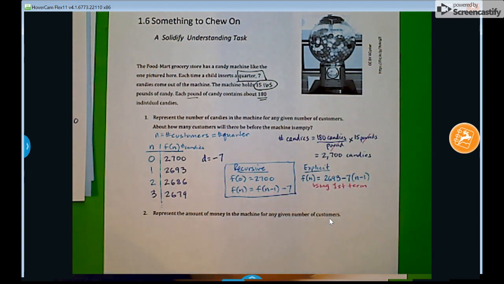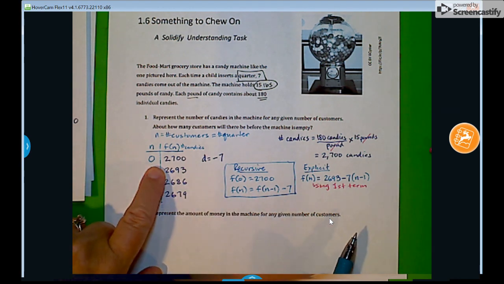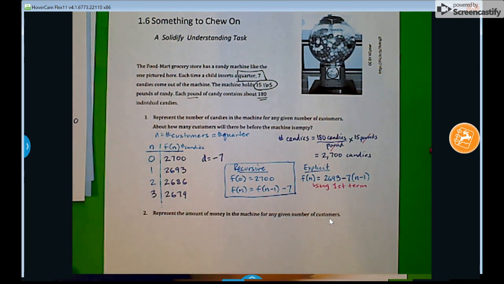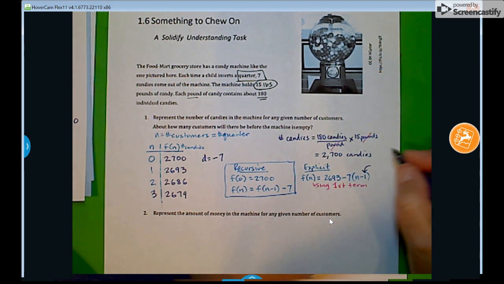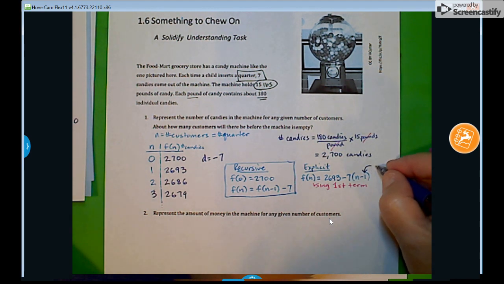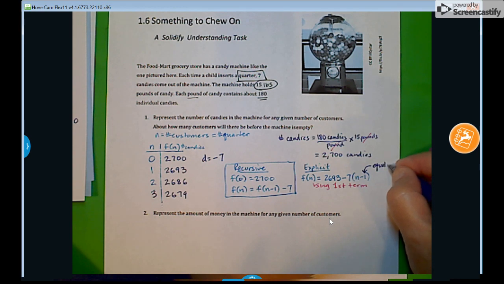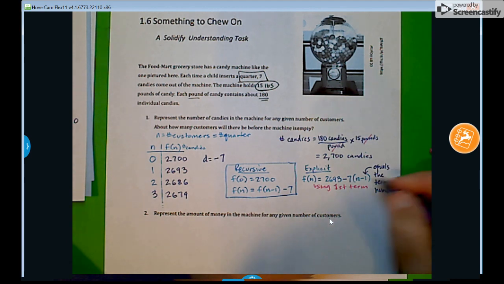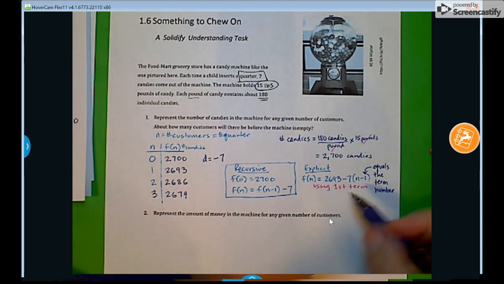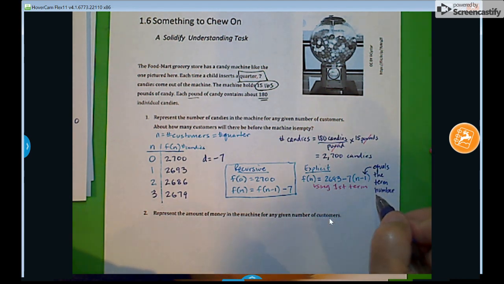But you know what? I would rather have done that with the 0 term. So here's an important lesson on this one. This part right here is going to equal the term number that corresponds to this value right here.